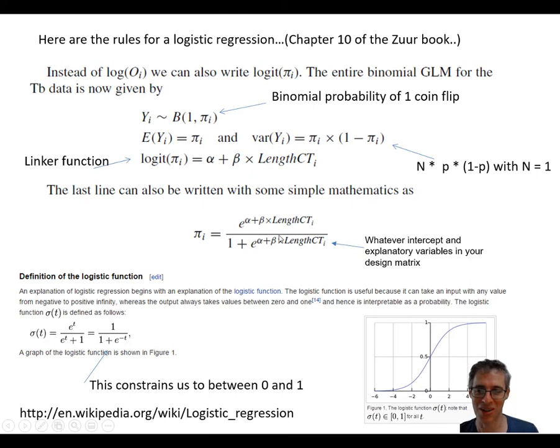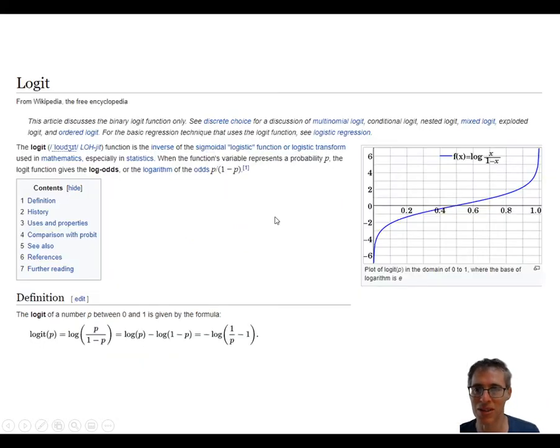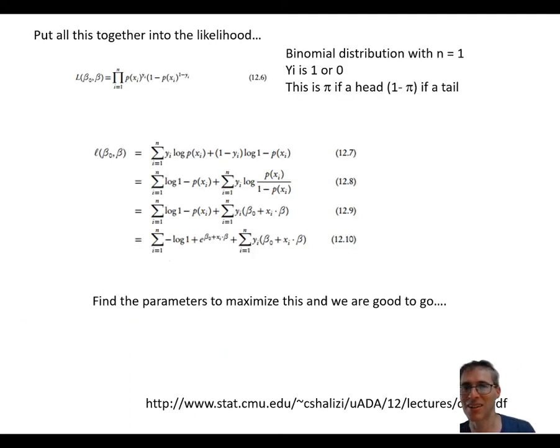So you can have this go towards 0, in which case the whole value goes towards 0, or you can have this thing approach infinity, in which case you have infinity over infinity, which goes to 1. So this only is defined between 0 and 1. And the logit function, of course, you can read more about on the wiki page, with much more math than we're doing here.